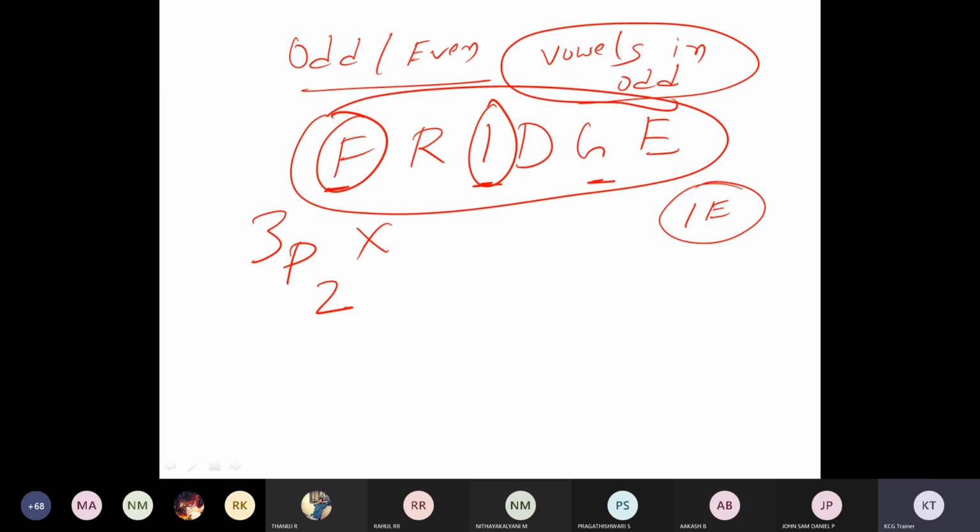Now how many positions are left? 4. How many letters are left? 4. So 4 positions, 4 letters, 4 factorial is the complete answer for putting the vowels in odd positions.